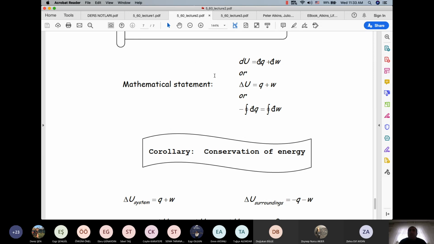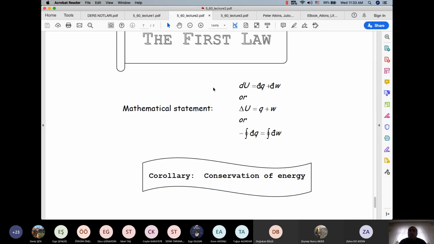Tamam mı? Matematiksel olarak termodinamiğin birinci kanunu diyor ki sistemin enerjisi sistemin ısı ve işlerinin toplamına eşittir. Ya da bir sistemin A noktasından B noktasına giderken enerji değişimi o sistemin aldığı verdiği ısı ve aldığı verdiği işlerin toplamına eşittir.